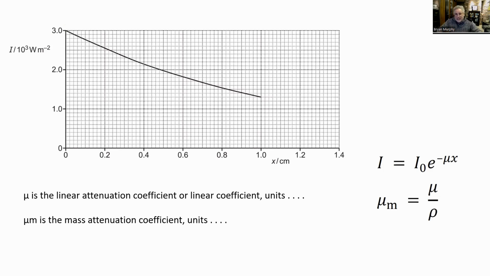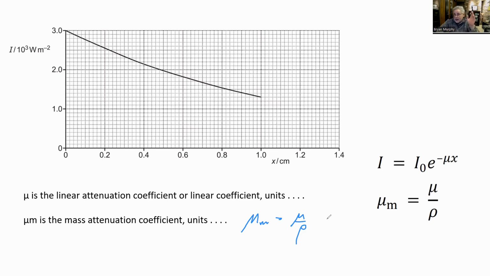You've got this thing, which is mu subscript m, called the mass attenuation coefficient. To work out the units of that, if we have mu m equals mu over rho, and rho is the density of the material, let's work out what the units are going to be. I'm going to use SI units. I hope you don't mind.